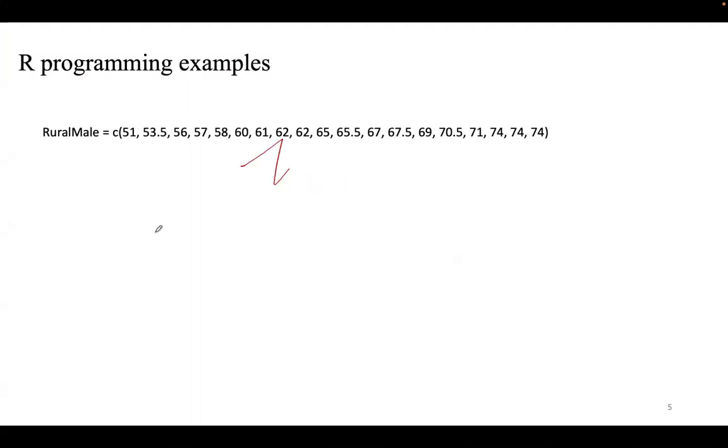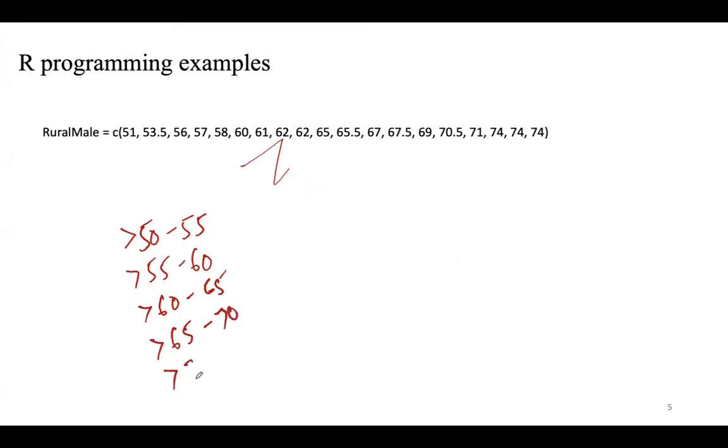So let's say I want to define these groups: between ages 50 and 55, then greater than 55 up to 60, greater than 60 to 65, greater than 65 to 70, and greater than 70 to 75. For a histogram, we divide the range into adjacent categories, and then we can count how many values are in each.